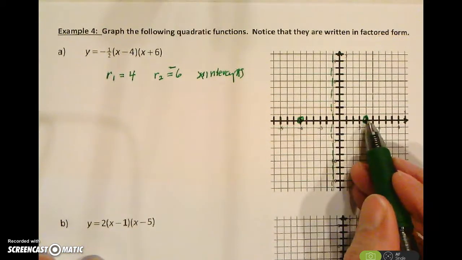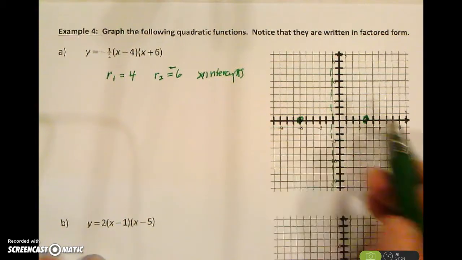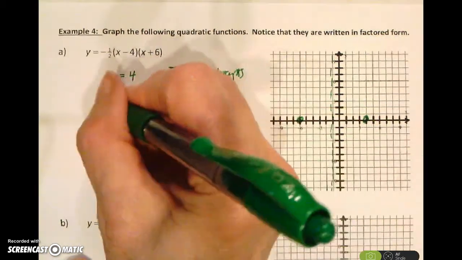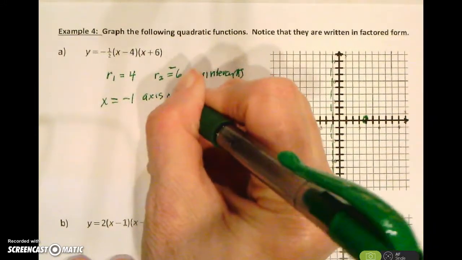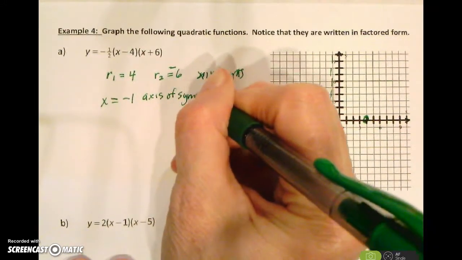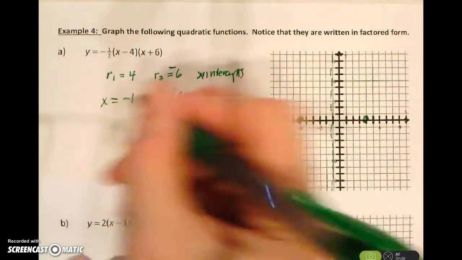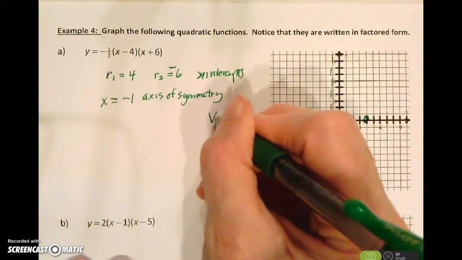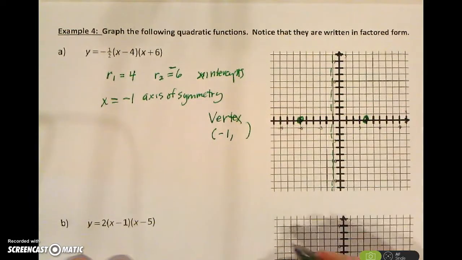Double check it once you do that: 1, 2, 3, 4, 5, 1, 2, 3, 4, 5. So that is the middle. So x equals negative 1 is the axis of symmetry, just by looking and seeing the middle. Then I know that my vertex will begin with negative 1 for the x value.